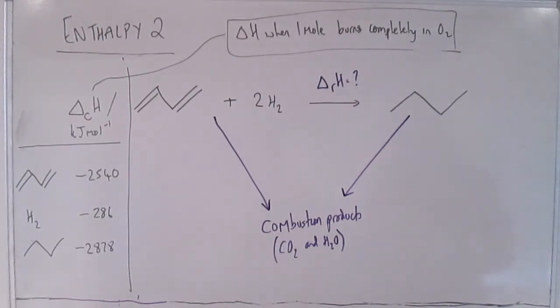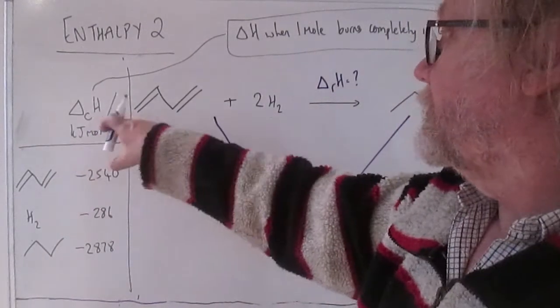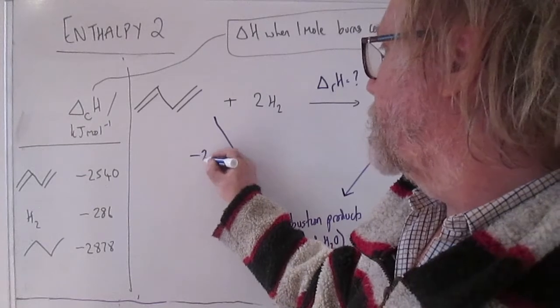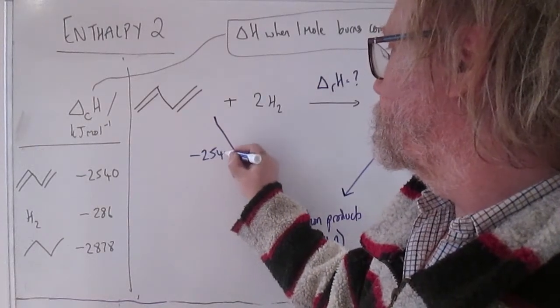Okay, so those arrows are going a different way than the data arrows went in the formation cycle, but don't just memorize that as some random rule. Just think about what the definitions are, and then it's obvious which way the arrows go. So we can put the data on there now. We've got 1 mole of butadiene, so that's minus 2540.